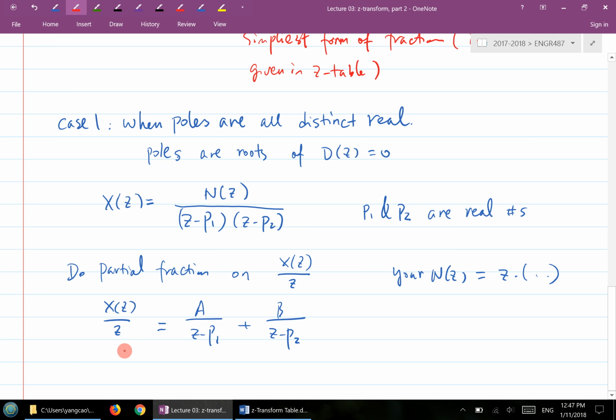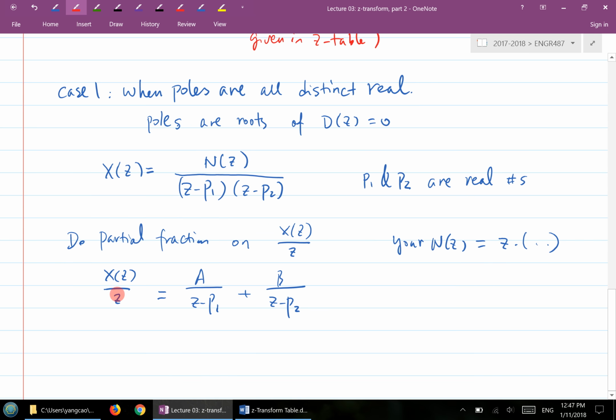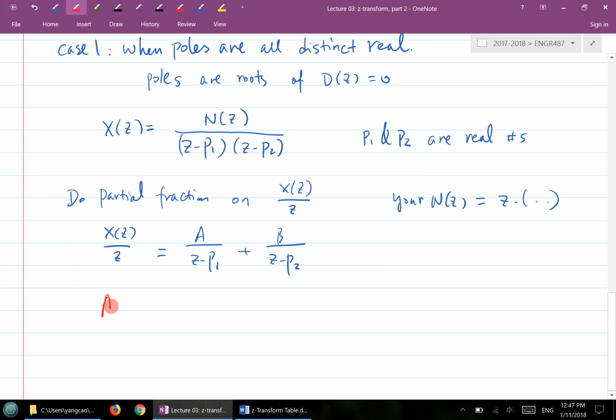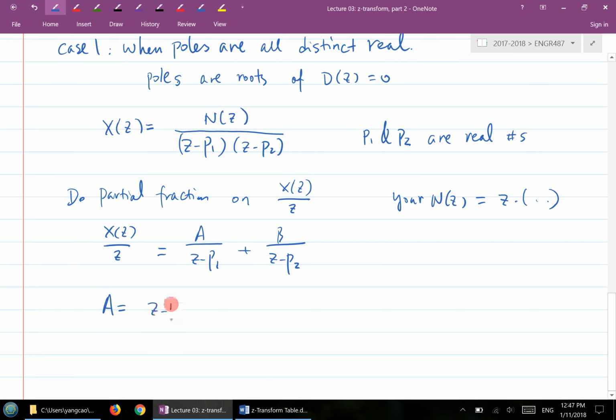Now, why do we do partial fraction on X of z over z? Think about this. You do the partial fraction over z, and you will be able to find A and B. Finding A and B is quite easy. A here is equal to z minus p1 times the original X of z over z.